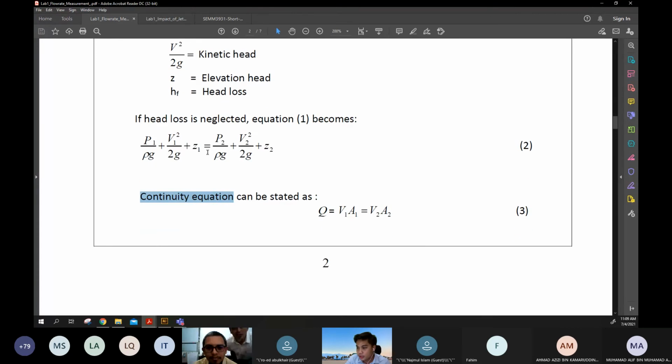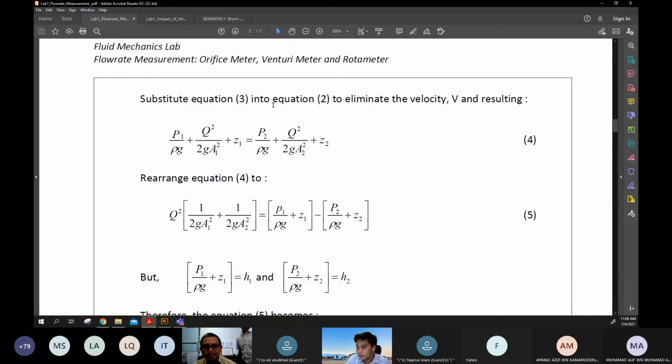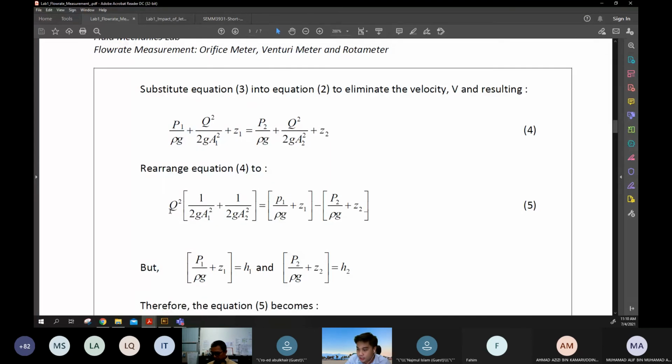Based on the Bernoulli equation and the continuity equation, we combine the continuity equation into the Bernoulli equation and form what we call equation number 4. After this, we rearrange the equation into this form, in which we do factorization in order to factor out the flow rate.